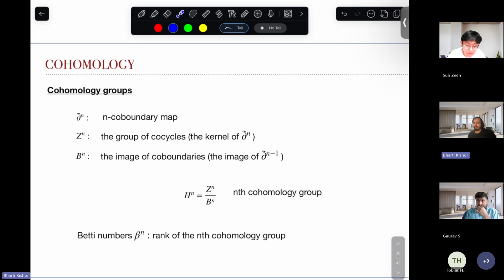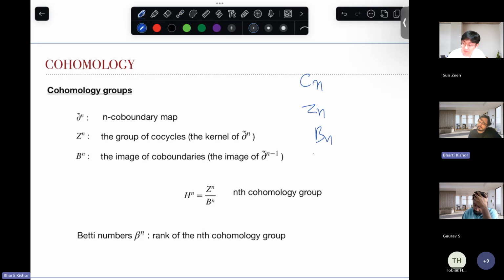So for cohomology groups, I mean, for homology, in the homology case, we had three groups. We had the boundary map, and then we had the group of cycles, the group of boundaries, and the group of chains. So we actually had Cn, Zn, and Bn. And we have analogous objects here also. You can quotient again, and you get the nth cohomology group.